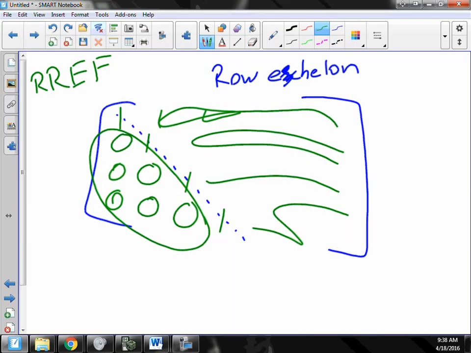That stands for reduced row echelon form. So there is an REF button on your calculator, and that will turn any augmented matrix, or any matrix actually, doesn't even need to be augmented, that will turn any matrix into a row echelon form matrix.